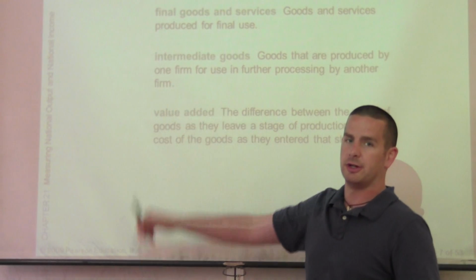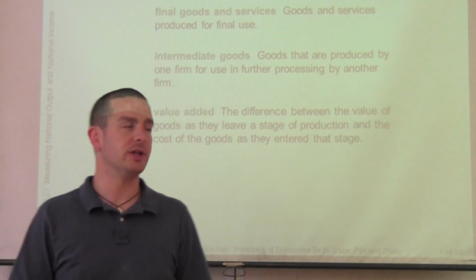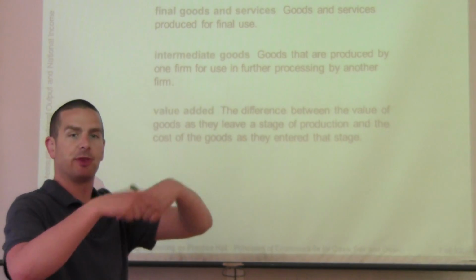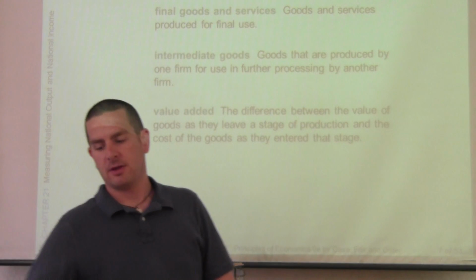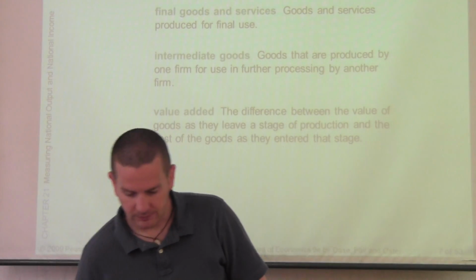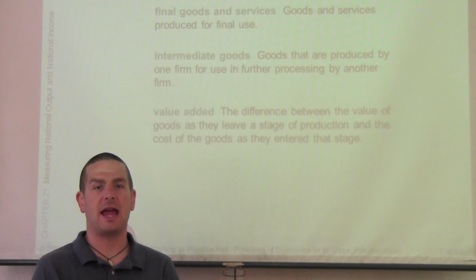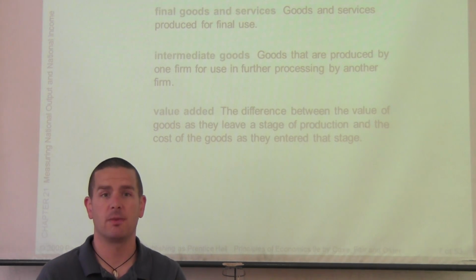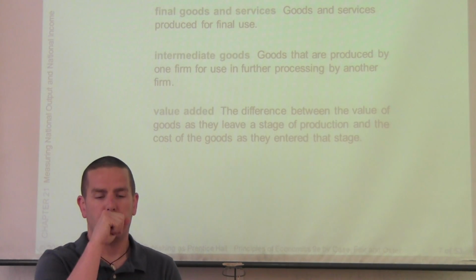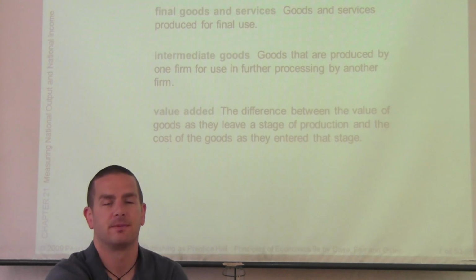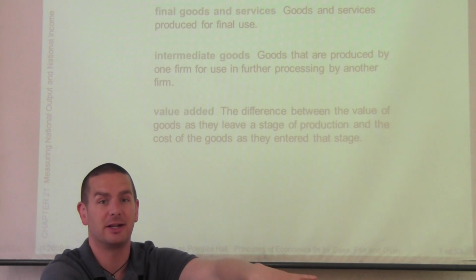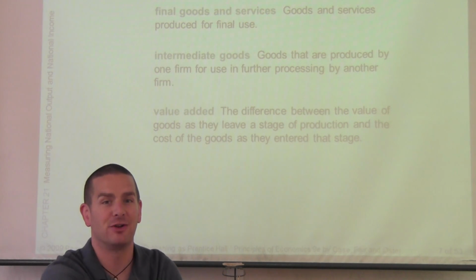An intermediate good, on the other hand, is simply a good that's produced by one firm that will be used down the line. Okay? Let's think about this. Let's say you are a rubber company that makes tires. If you make the tire and you try to sell it as a tire, then that is a final good, right?